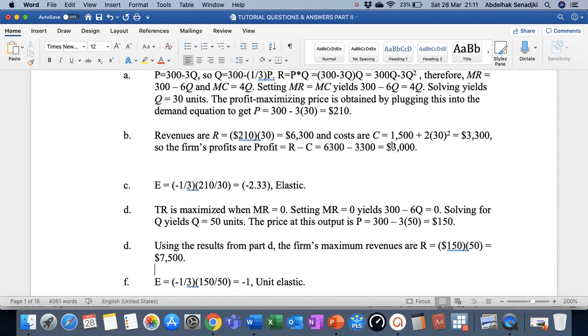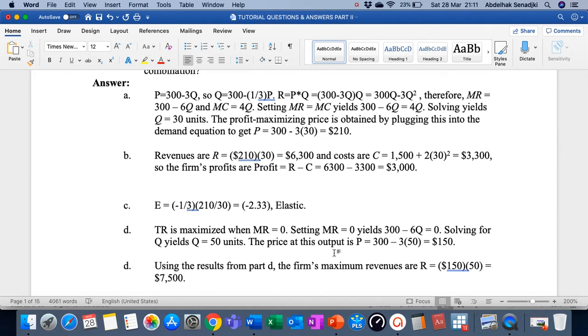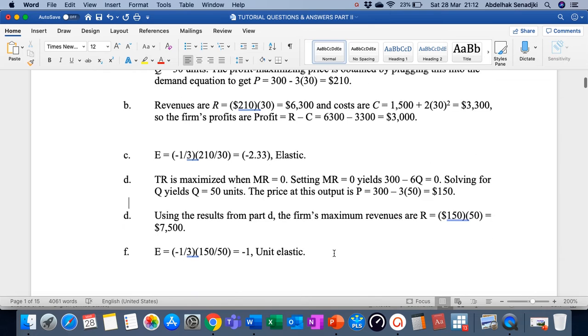Now, when you maximize your revenue, if you remember, we say that the elasticity should be unitary elasticity or unit elastic. And let's calculate here.